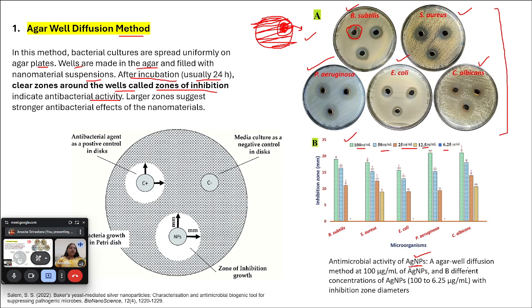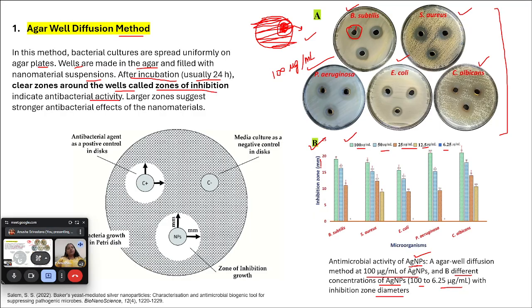Agar well diffusion method at 100 microgram per ml of AgNPs, and B, different concentrations of silver nanoparticles from 100 to 6.25 microgram per ml with inhibition zone diameters.